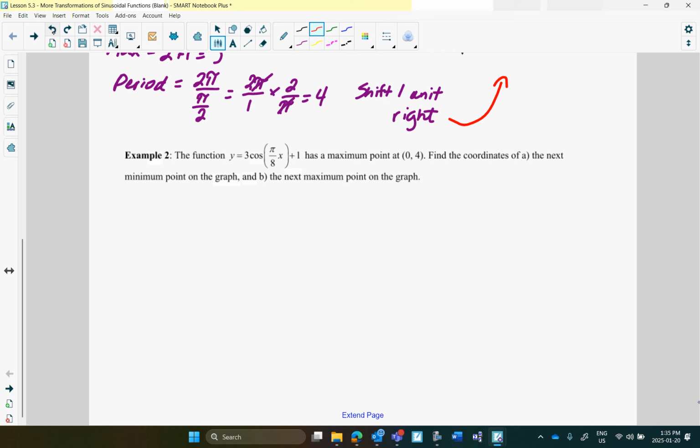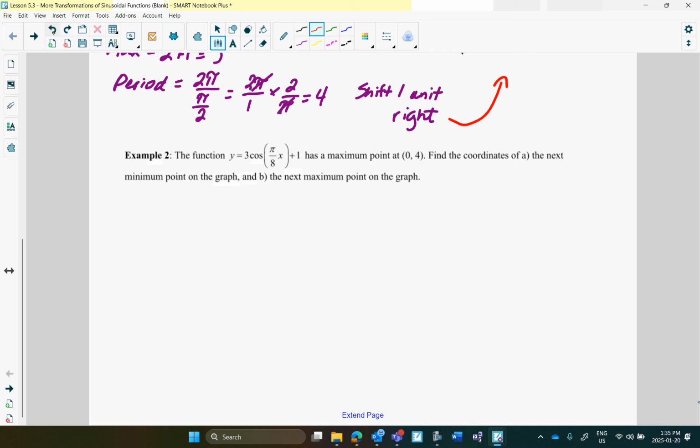So we've got a cosine graph, 3 cos pi over 8 x plus 1. And we're told that it has a maximum point at 0, 4. That means it starts on the y-axis at 4. We're asked to find the next minimum point if we kept going to the right, and the next maximum point. What might be a good strategy?